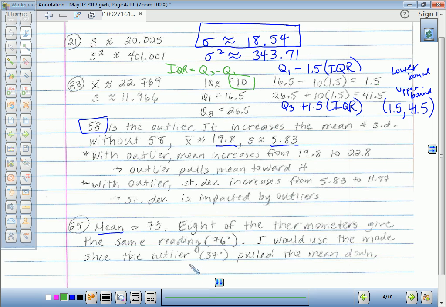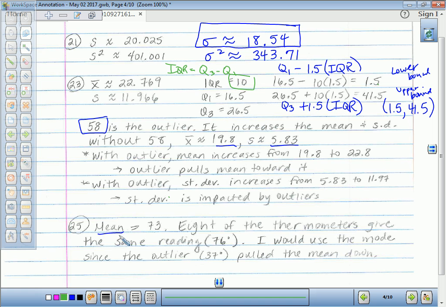All right, 25 was the one about the thermostats, and you're in a store and you're trying to figure out which one to purchase. The measurements that you are reading are 73, 75, 76, and 37. Which one doesn't belong? The 37. And that 37 is going to greatly affect your mean.